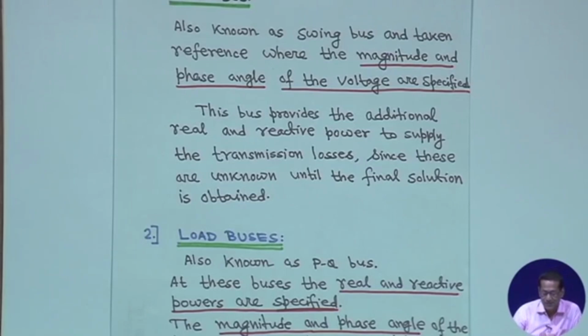This bus provides the additional real and reactive power to supply the transmission losses, that is the slack bus. We have to choose one reference bus and the result will come around that slack bus.